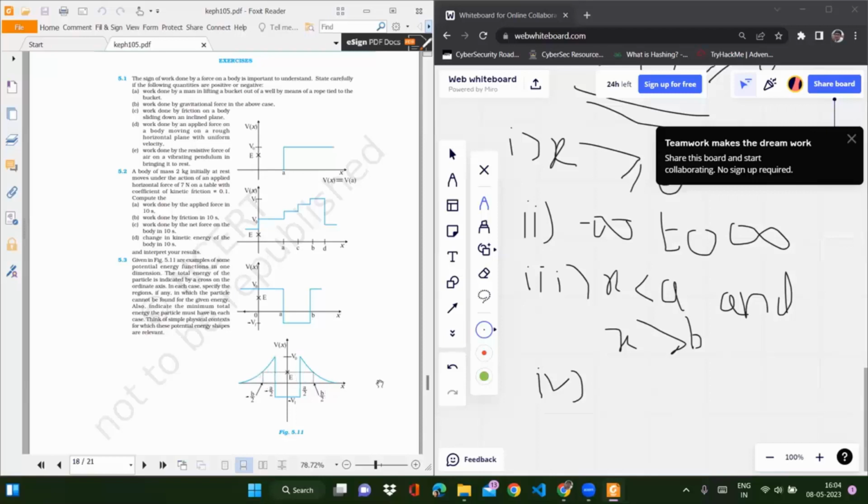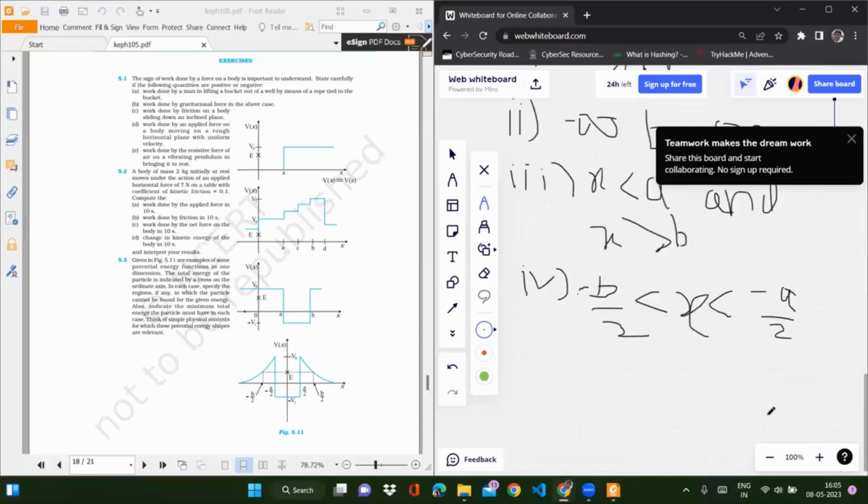So from this curve, it is clear that the regions where total energy is less than the potential energy are the region from minus b by 2 to minus a by 2, and the region from a by 2 to b by 2. So it will be x greater than minus b by 2 and less than minus a by 2, and x greater than a by 2 and less than b by 2.